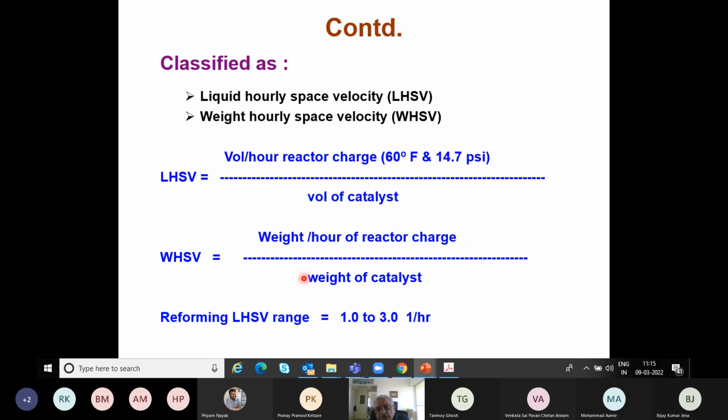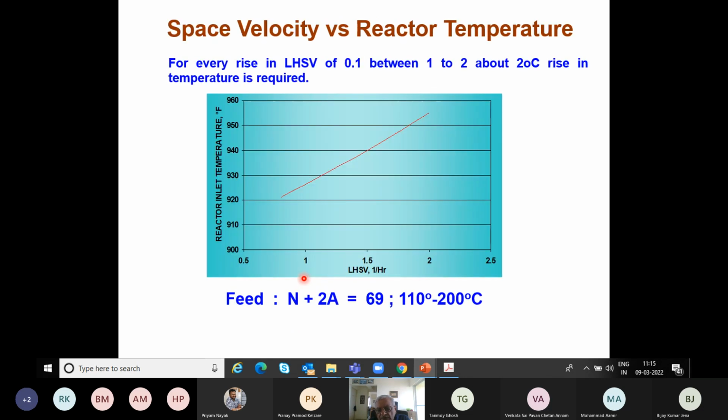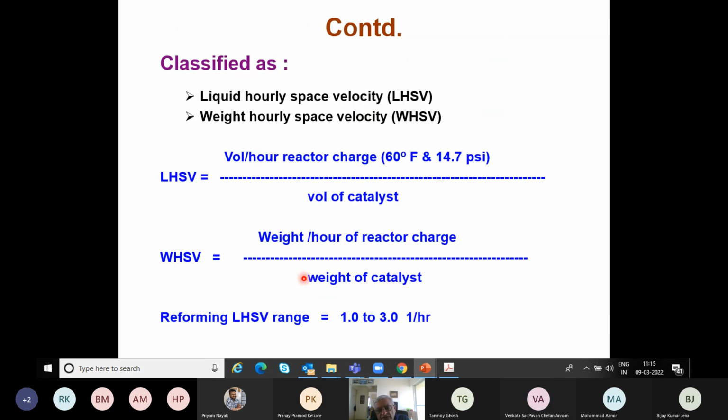But if the operator wants to go up on space velocity, and again space velocity is determined by two variables. One is the liquid hourly space velocity, that is the total volumetric flow in liquid volume of the feed upon the volume of the catalyst, or weighted hourly space velocity, which is the total weight, that is tons per hour of the reactor charge, upon the tons of the catalyst which is there.